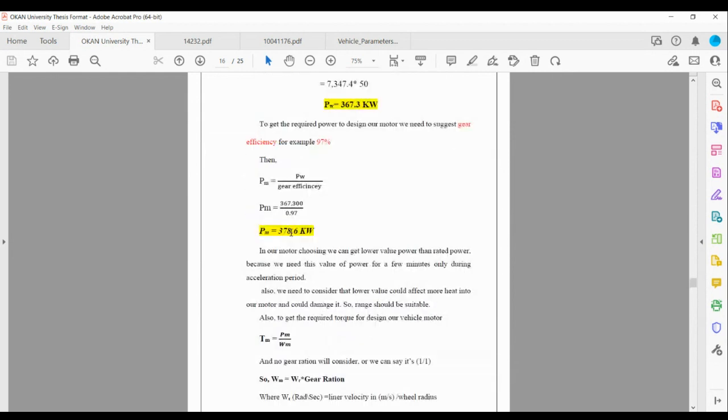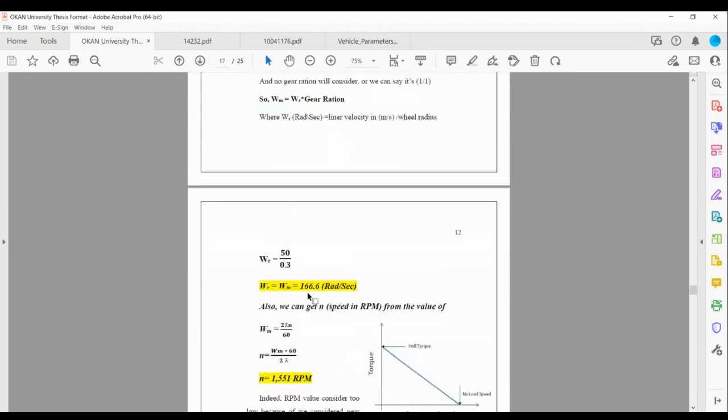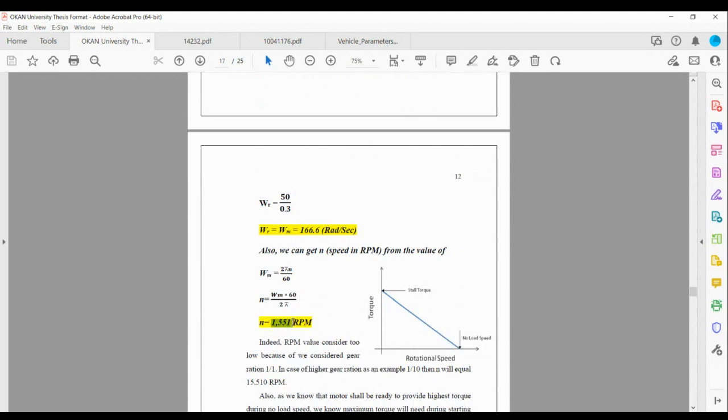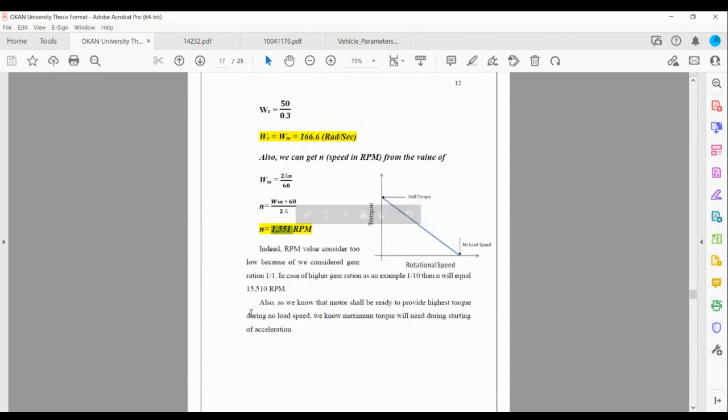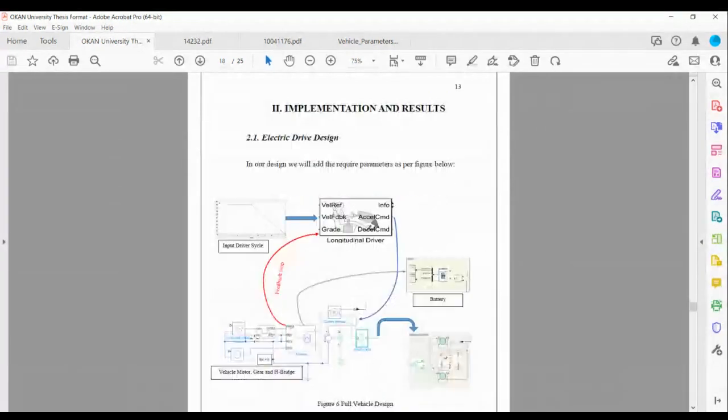Normally, this is power. Normally, electric vehicle speed as RPM 1.551. After the selection of the gear ratio, his motor speed will be equal to 15,510 revolutions per minute. Okay.